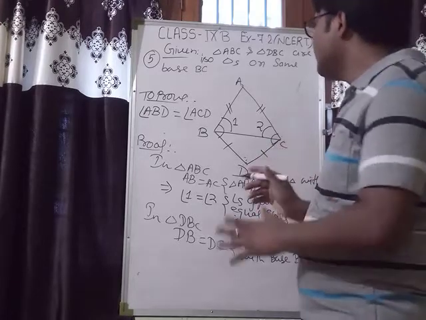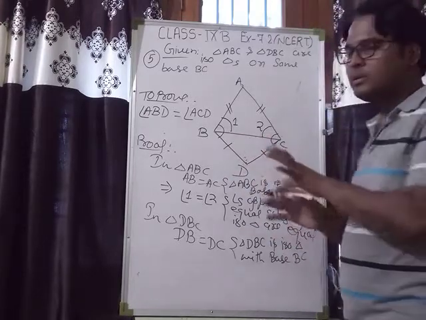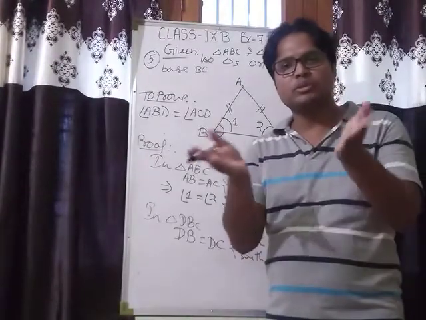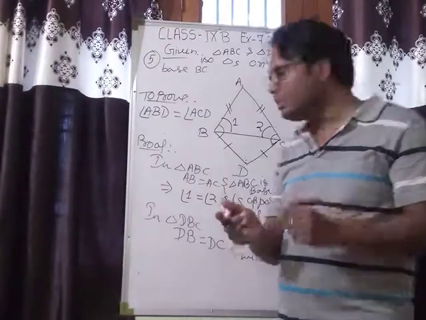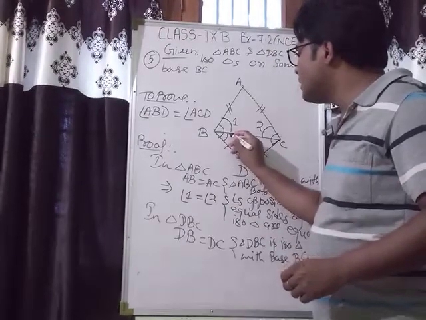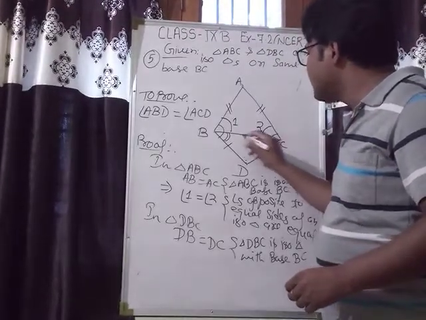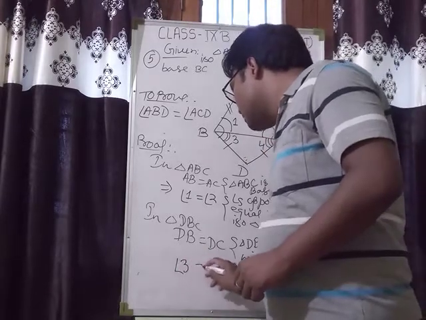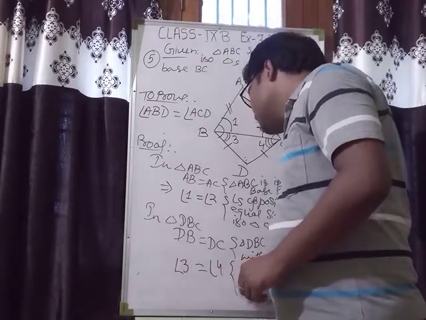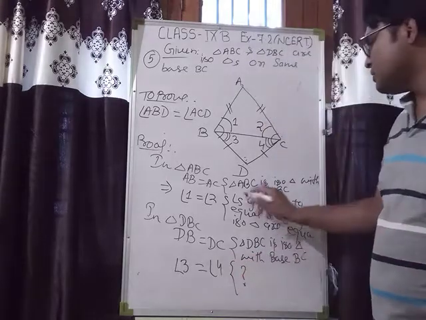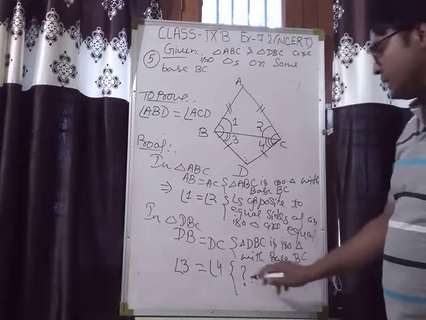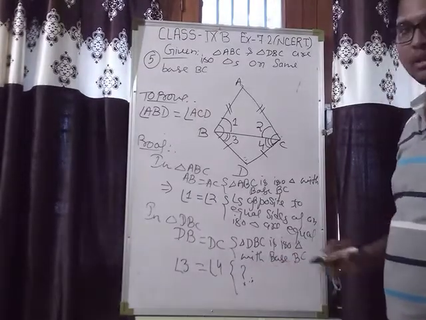Now because DB is equal to DC, their opposite angles will be equal, because angles opposite to equal sides of an isosceles triangle are equal. That's why angle 3 and angle 4 will also be equal. Angle 3 equal to angle 4. And the reason you will write here.